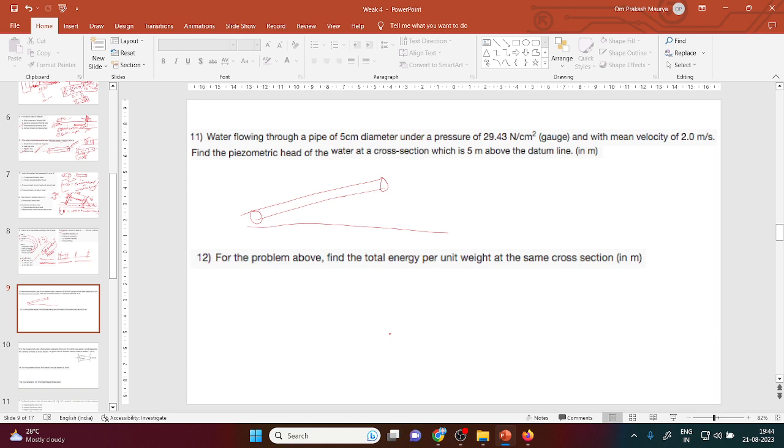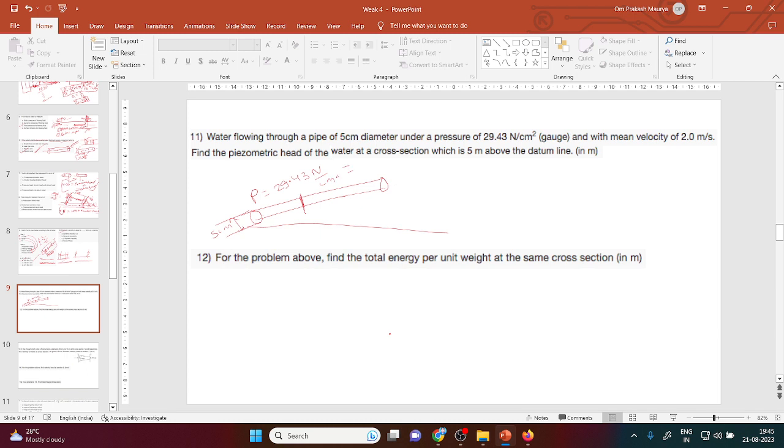Let's say at that point water is flowing through a 5 centimeter diameter. The diameter of the pipe is how much? 5 centimeter. And what is the pressure? 29.43 Newton per centimeter square.